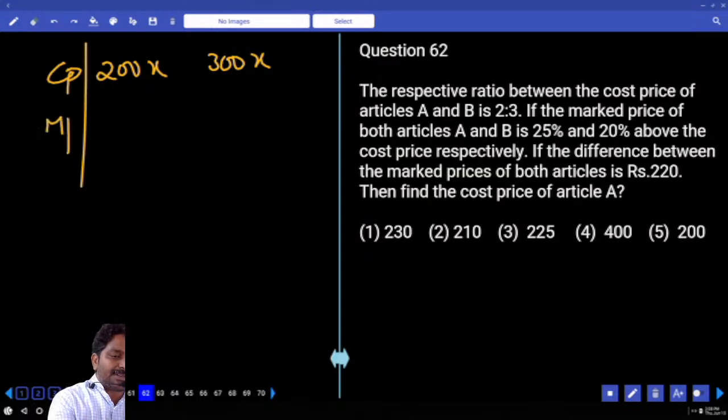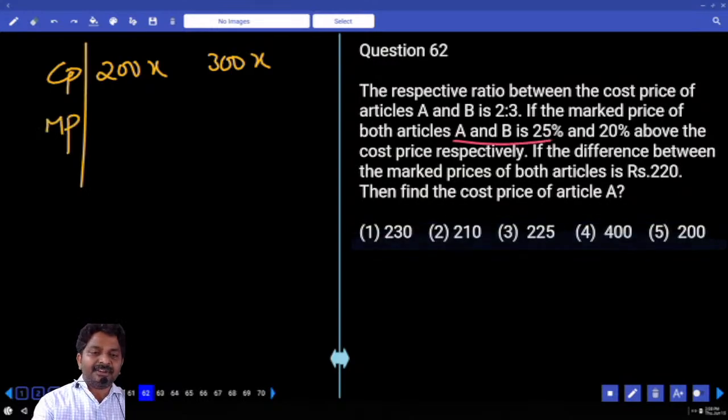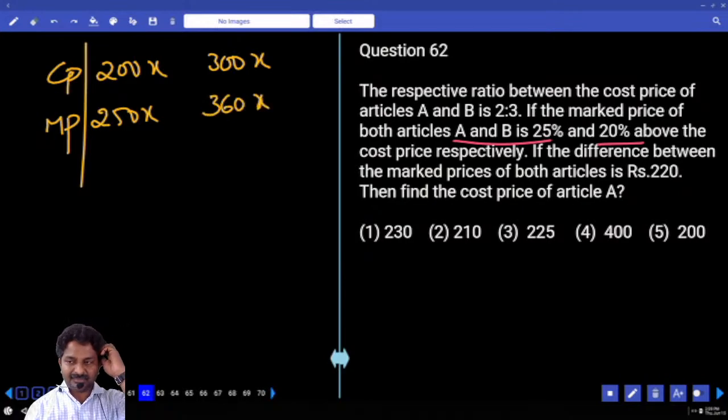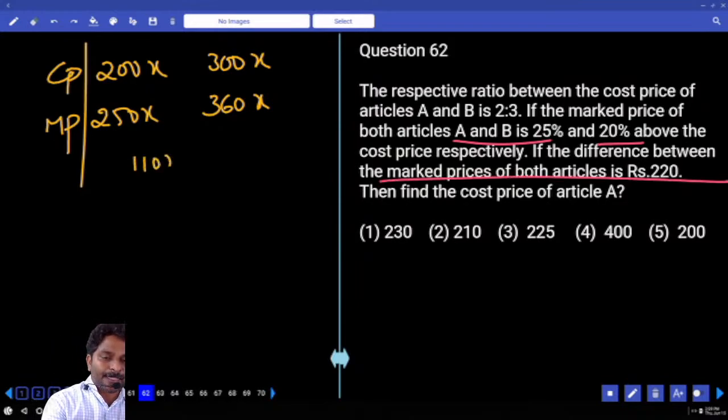Then they said market price. A increased by 25%, which is 50x increase, then it becomes 250x. B increased by 20%, which is 60x increase, then 360x. Difference between market price is 110x, which is equal to 220. Cost price of article A, 200x, which is 400.